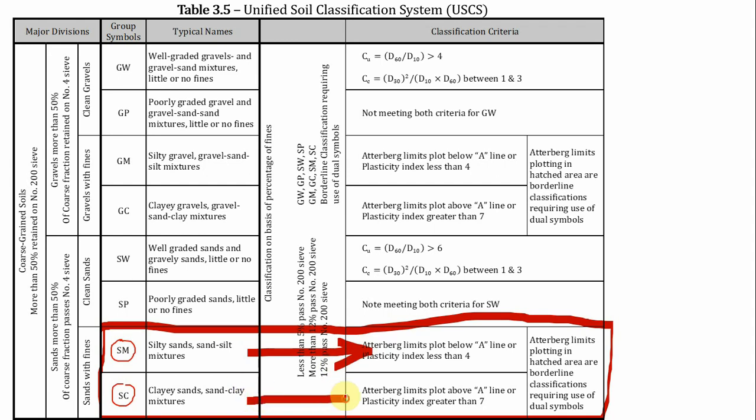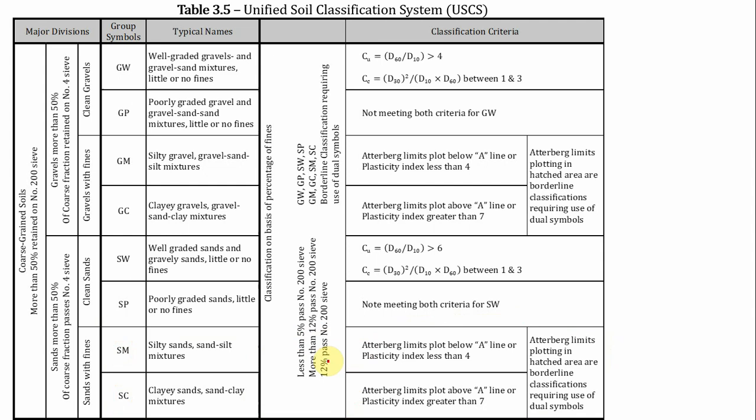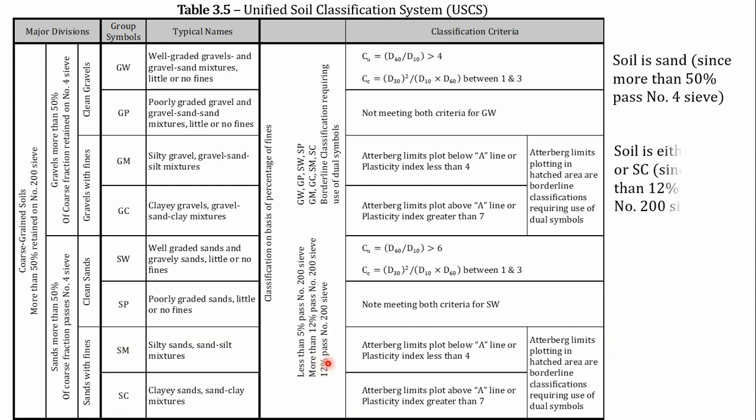Itong SM, ito yung criteria niya. Gets nyo? So the soil is a sand, seen more than 50% at number 4 sieve, and the soil is either SM or SC since more than 12% pass the number 200 sieve. Sinabi ko na ito kanina.